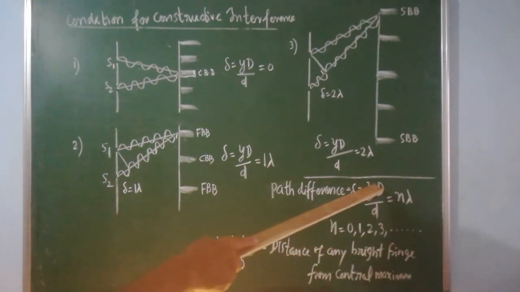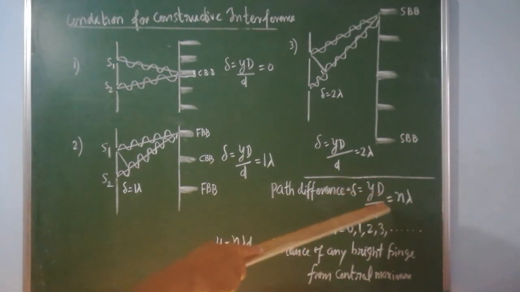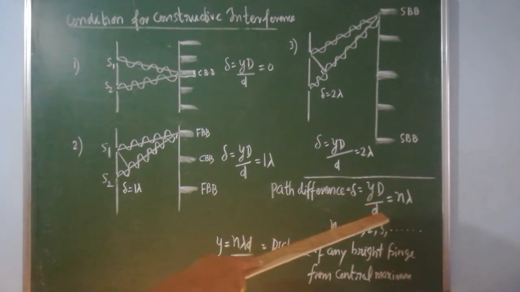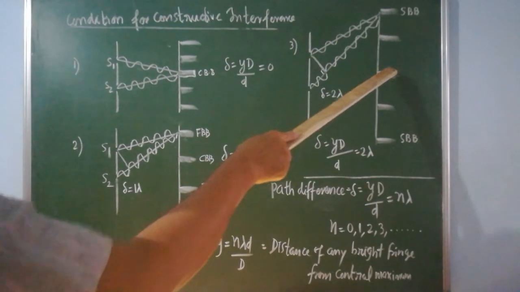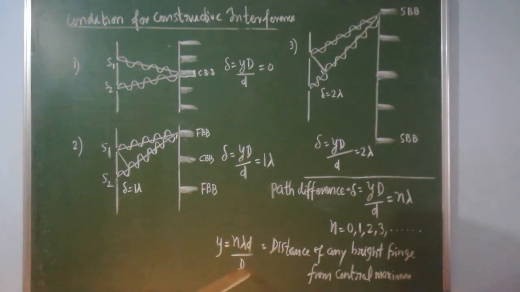So cross multiply, and you will get the expression y is equal to n lambda D divided by small d. Cross multiply this. This d is to be cross multiplied. n lambda D divided by d is the expression to get the distance of any bright band from the central bright band. So these expressions are very much useful for calculating certain values in problems.